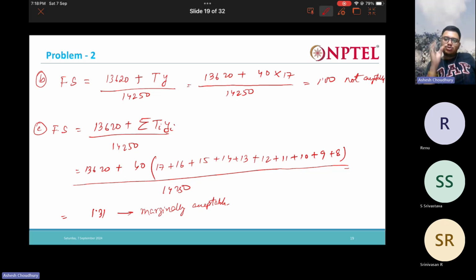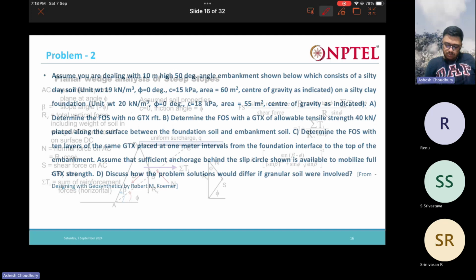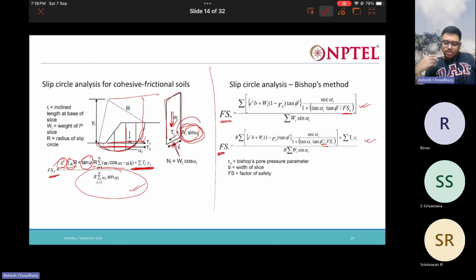All the wedges you need to consider, multiple slip circles, and from the wedges, the normal force, the frictional force, all these things, whatever you saw here. Like this, we need to solve it, by considering wedges, for frictional soils.